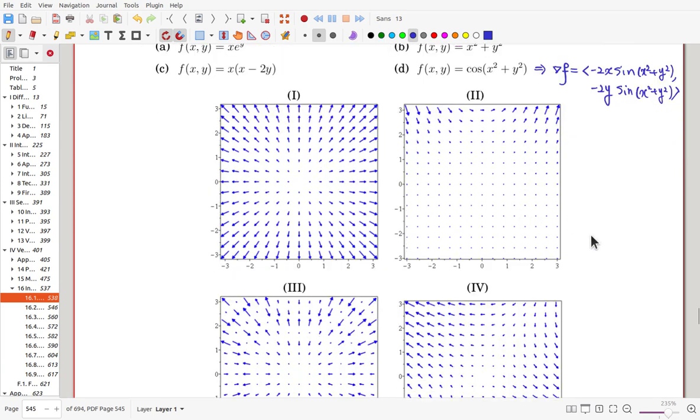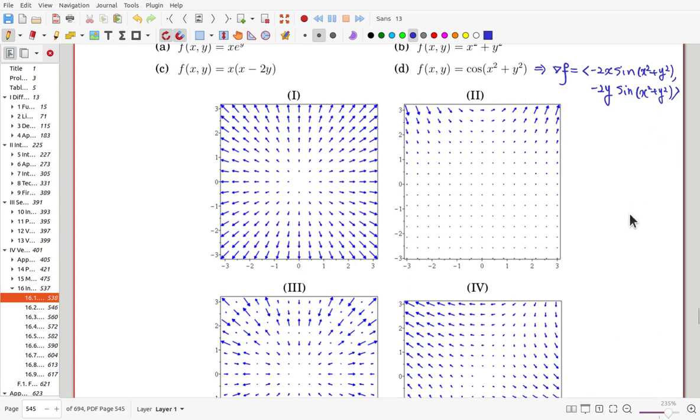So your sine function is fluctuating. x squared plus y squared is r squared. And then along the radial direction, it can become positive and negative, so that through the radial direction, the vector field points outward and inward, rapidly changing.